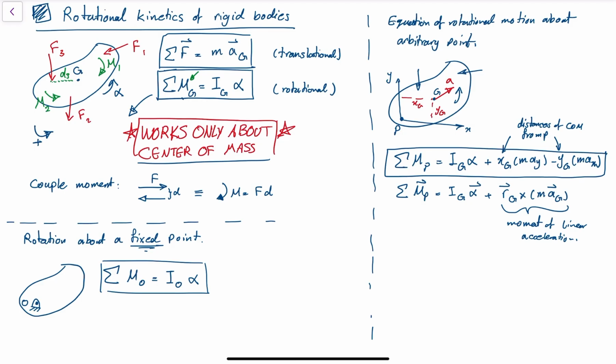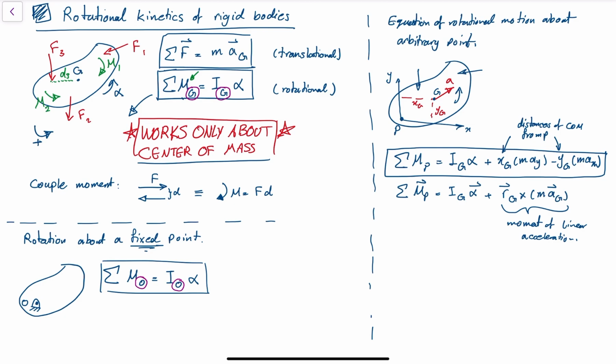Okay. This is good. So I have essentially three conditions. Whenever in doubt, always write the equation of motion about the center of mass, and note that you calculate both the moment of inertia and your moment about the center of mass. Alternatively, if you are lucky and there is a fixed point, you can calculate all your moments and all your moments of inertia about that point. You can use the parallel axis theorem, for instance, for moment of inertia.